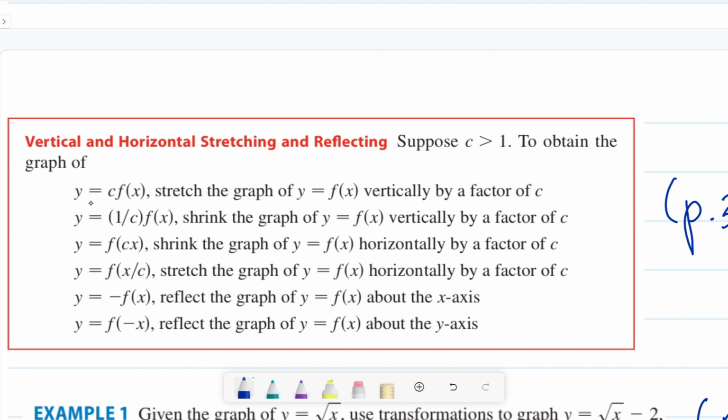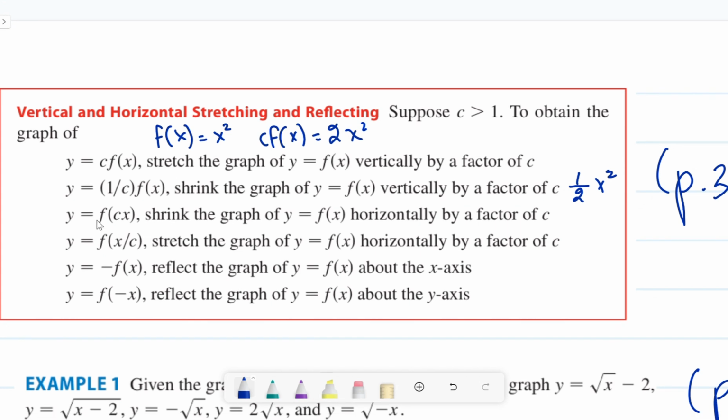Just in case you don't know what this means, if f of x equals x squared, c times f of x is as if I'm doing 2x squared. This stretches the graph vertically by a factor of c. Now if I do 1 divided by c times f of x, like 1 divided by 2 times x squared, this shrinks the graph of y equals f of x vertically by a factor of c.